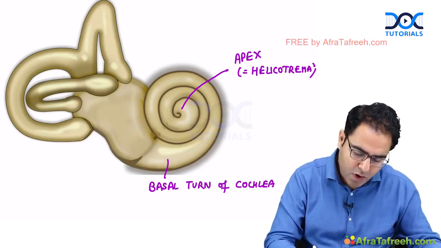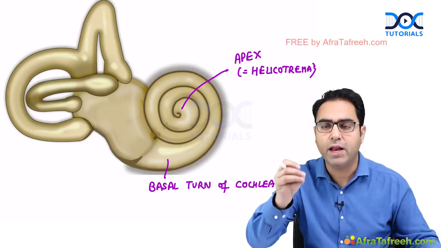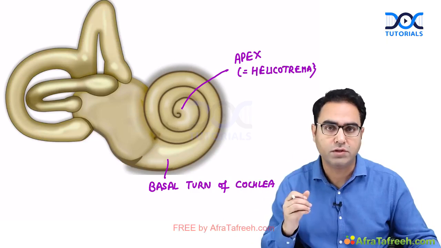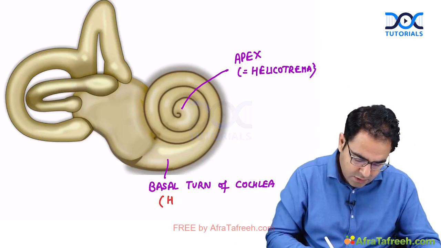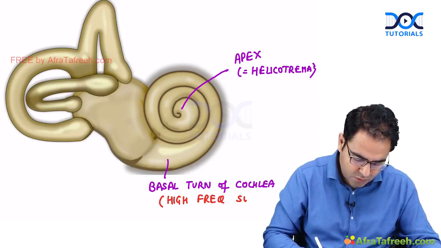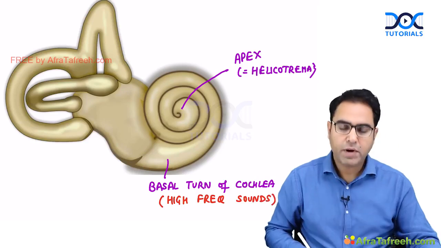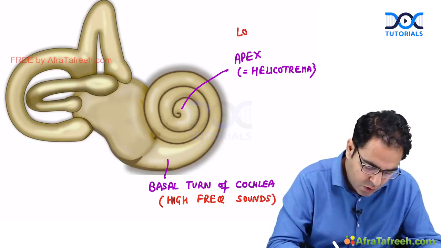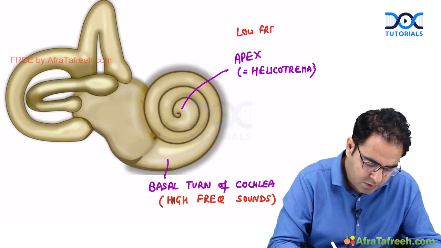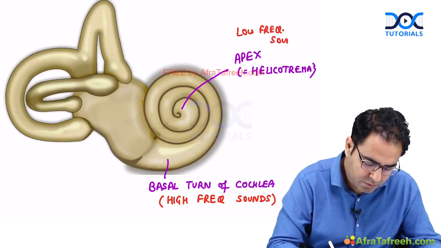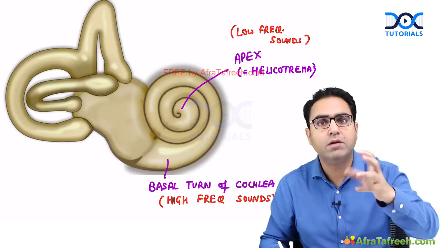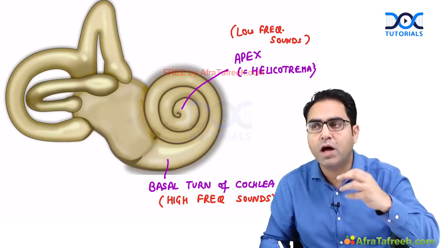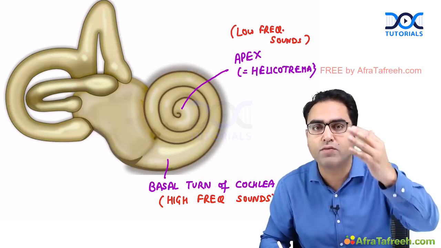Now, each part of the cochlea is responsible for hearing a specific frequency of sound. Please see, the basal turn senses high frequency sounds, but the apex senses low frequency sounds. The dull sounds, like b and r, are heard towards the apex of the cochlea.